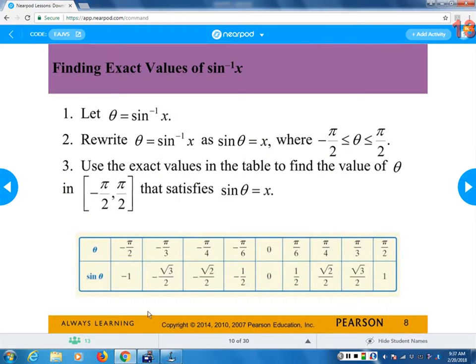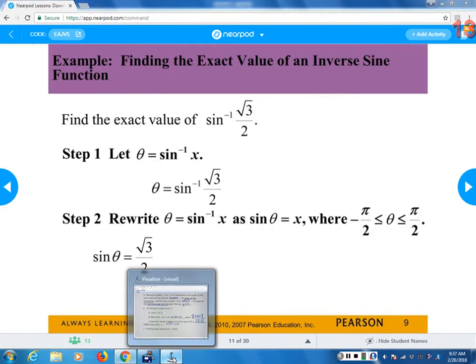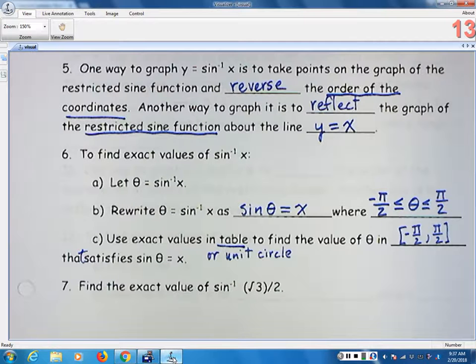Okay, so there's a table. We have our unit circle. You can find it. So we're going to do an example. I brought a unit circle. Where's the unit circle? Okay.